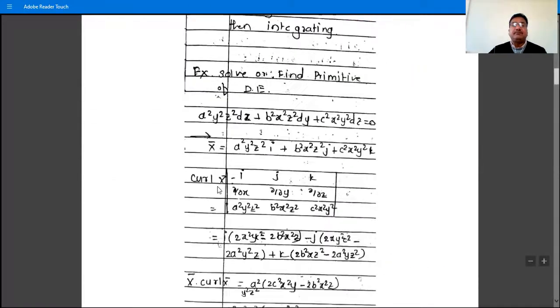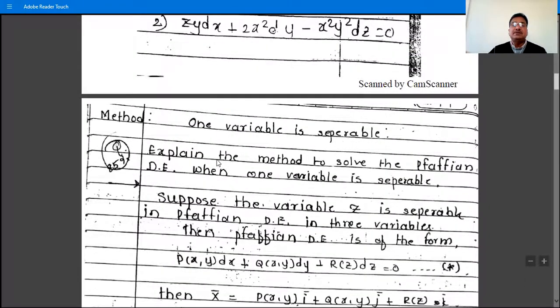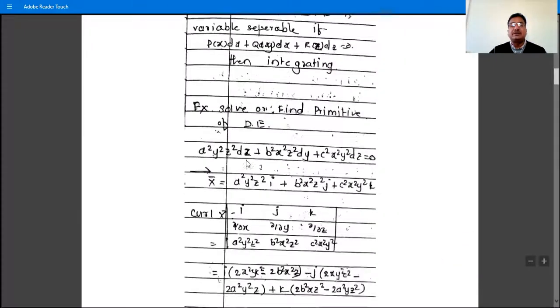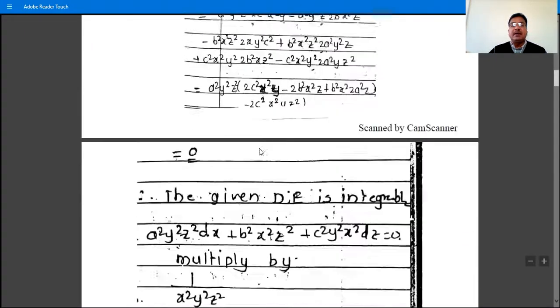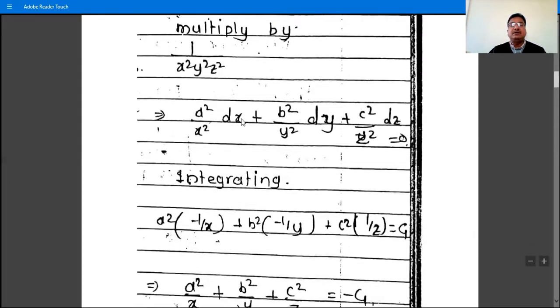So the next type is what? The first type is variable separable, that is, all three variables are separated. For example, if we divide this example by x square y square z square, we have this equation.